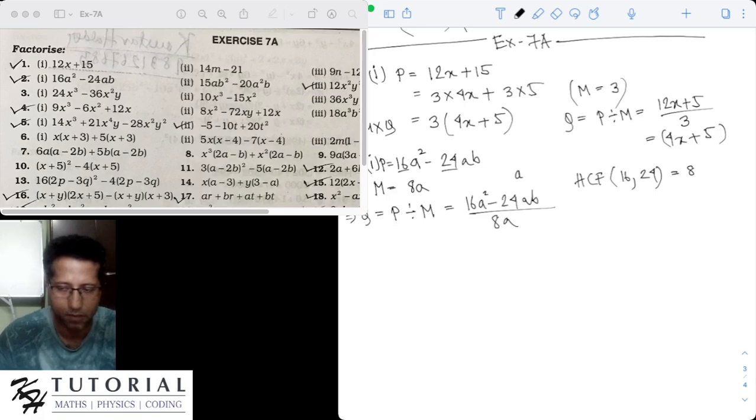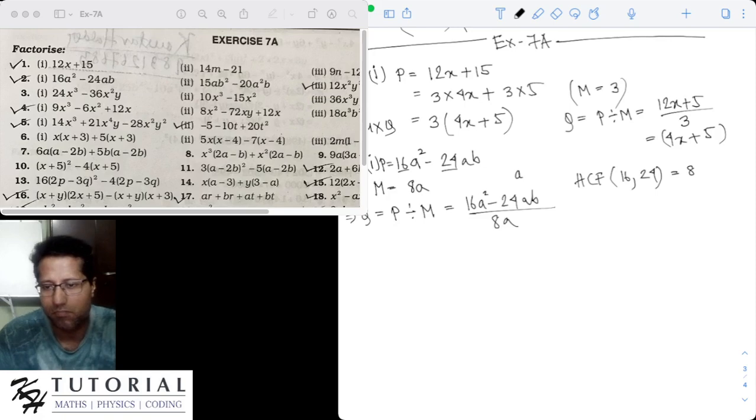But while solving problems in your exam or any competitive examinations, you will not write all this Q and M. You can do that as rough work, but in the actual solving, you should not be using these letters P and M. Those are just for discussion purposes.